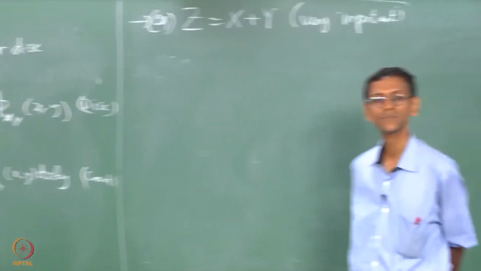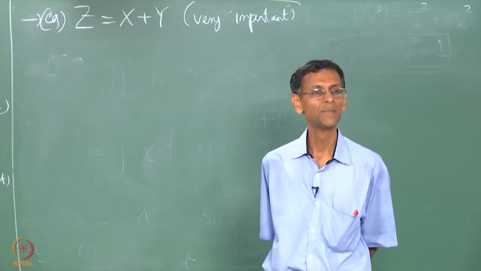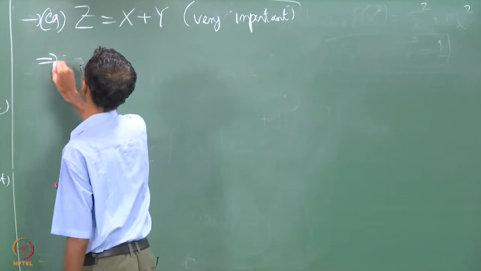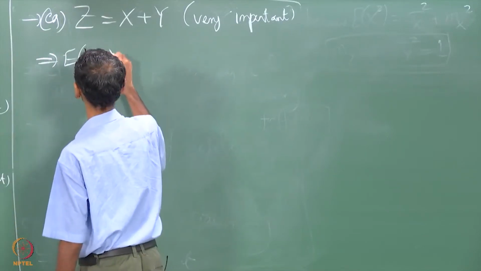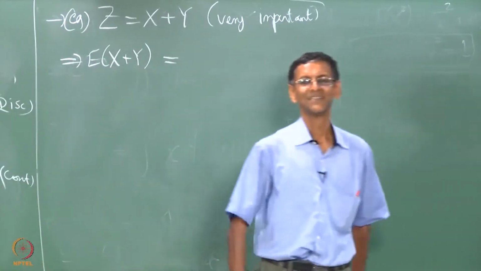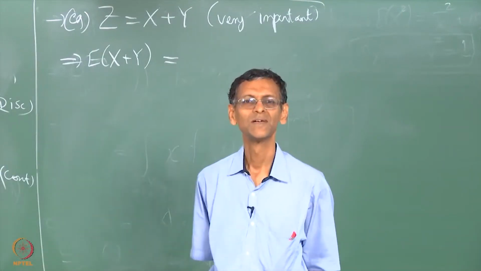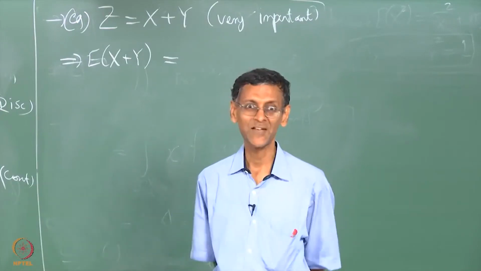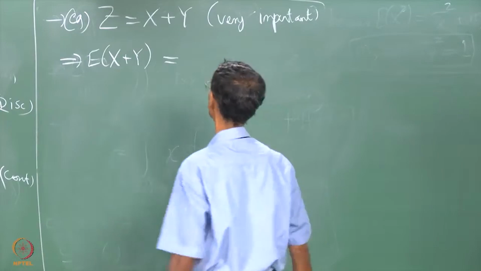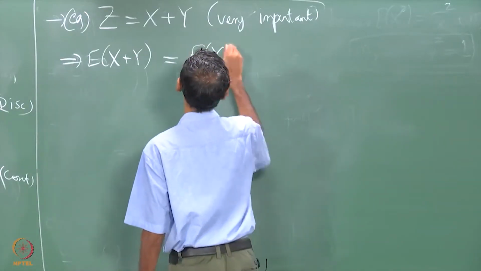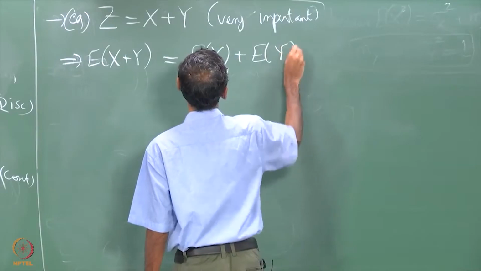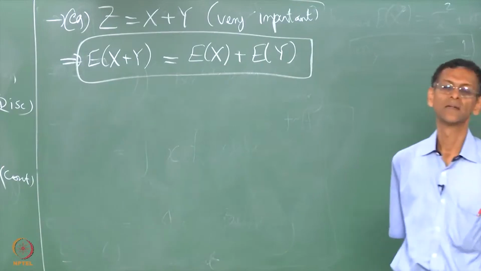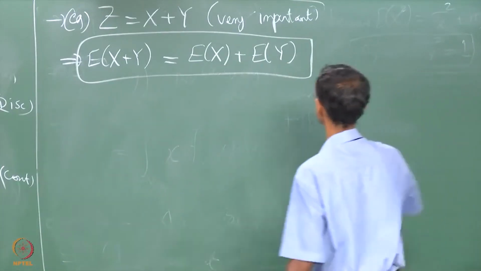What do I get? Please do it and tell me. Expectation of x plus y, E of x plus E of y. It's a crucial result which holds universally as long as both of these are finite.